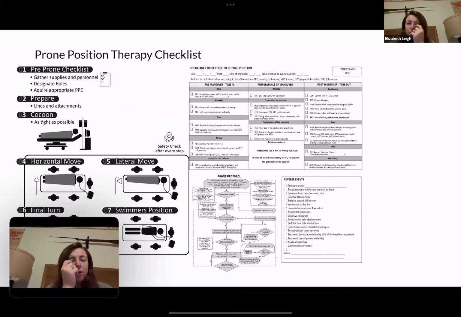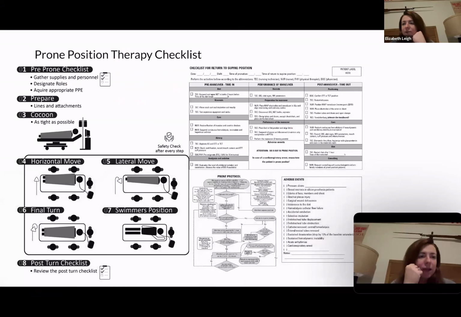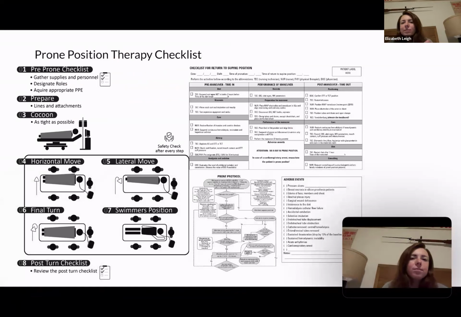This is a prone position therapy checklist. So kind of like what we just went over, just making sure that before you turn the patient, you have all your supplies and everything's ready. I would say making sure that you have an ambu bag in case of an emergency, in case the tube gets compromised. Having tape in case you need to retape the patient's mouth.